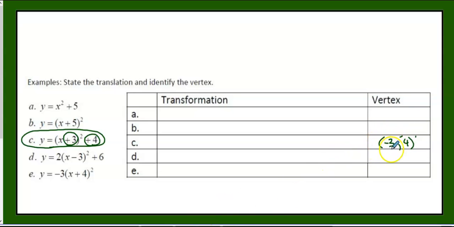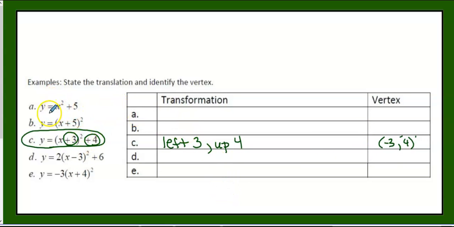Okay, so if I look at these two numbers in the vertex, well, -3 tells me it moves left 3, remember it's the opposite. And then the +4, up 4. Is the A value, is there something right here that's other than 1? No, so there's no stretch or compression or anything. So that's the transformation that this graph would take. So from the parent function, the vertex would be from 0, left 3, and up 4.